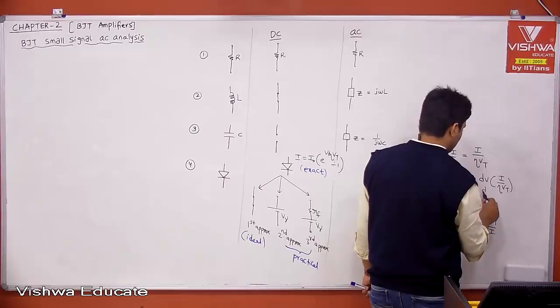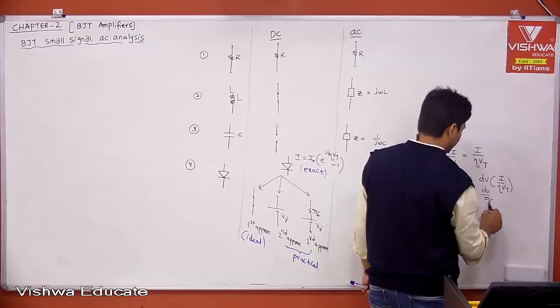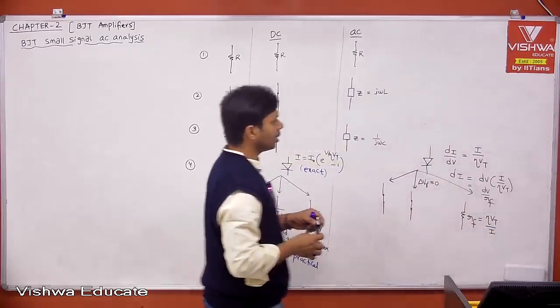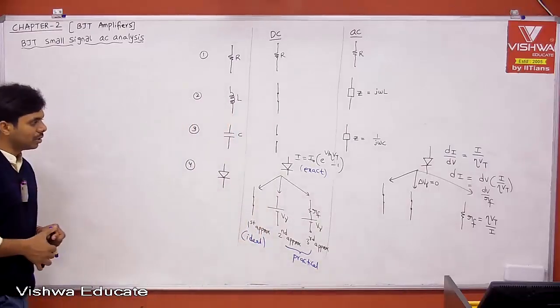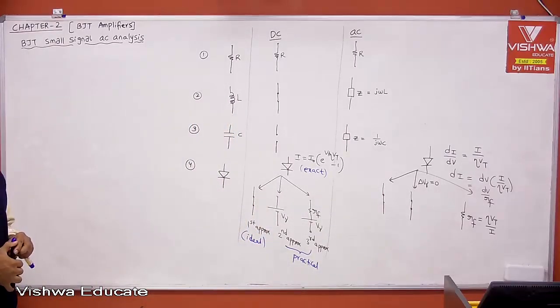Which is nothing but dV divided by RF. That is your RF. Okay. Now take it. Similarly, I will try to give you for BJT as well as MOSFET. That is what we are going to see.